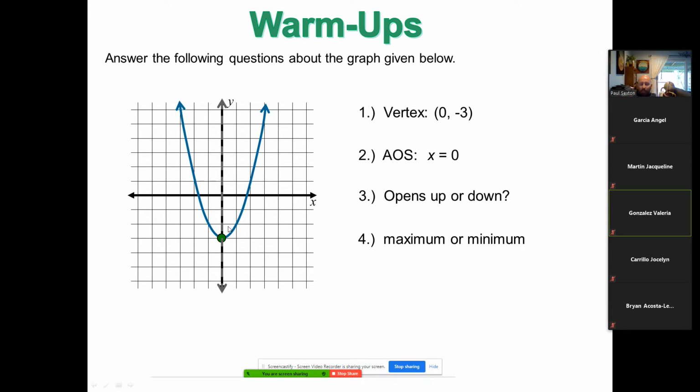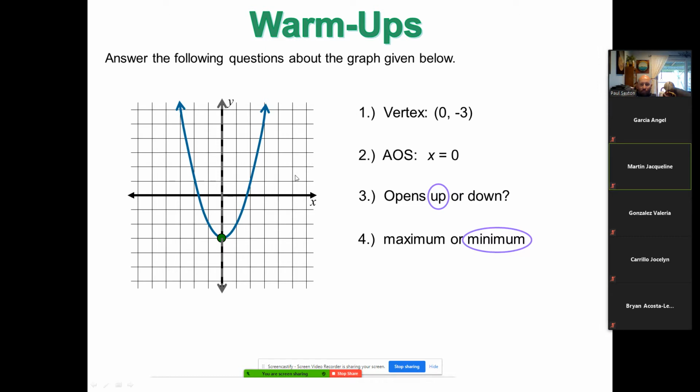Okay, does this parabola open up or down? Up. It opens up. Because it opens up, does this graph have a maximum or a minimum? Minimum. It has a minimum because it's at the bottom of the graph. Exactly. All graphs that open up have a minimum.